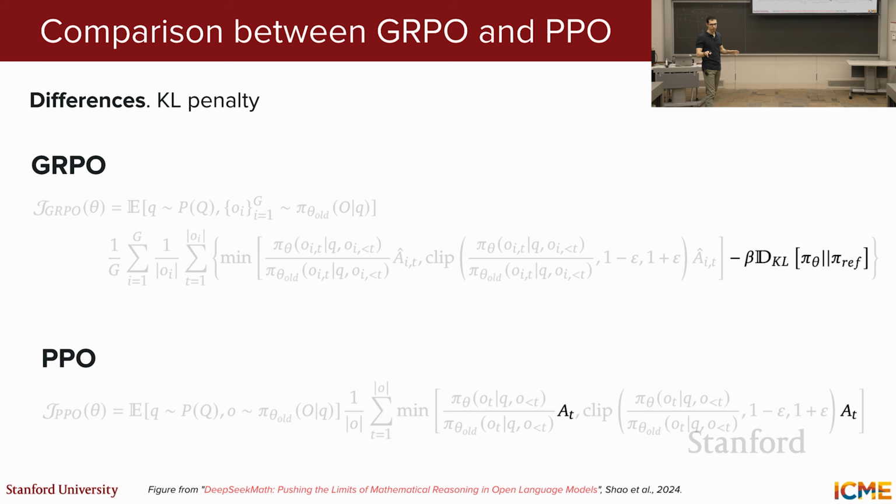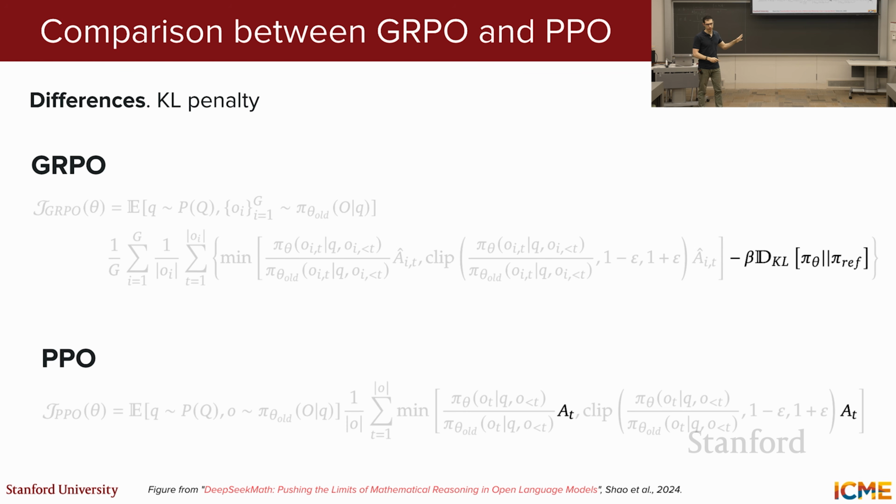But now, what is different? In the GRPO case, the KL divergence is explicitly part of the objective function, whereas in the PPO case, the KL divergence is typically part of the advantage. This is more of a technical detail, but a few minutes ago I mentioned that from an implementation standpoint, we typically incorporate the KL divergence within the rewards that are considered in the advantage computation.